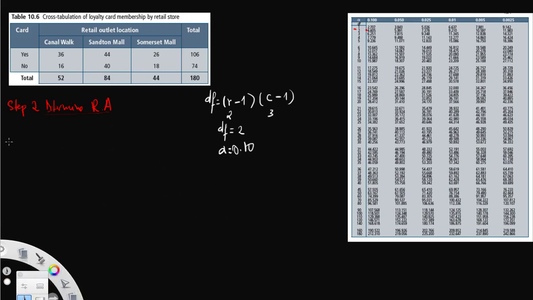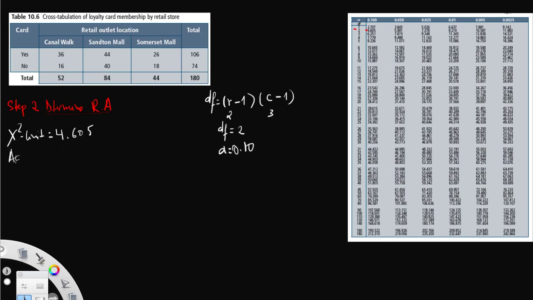Then this is how I'm going to write my chi-square limit. My chi-square limit is then equal to, one-sided upper tail always, 4.605.